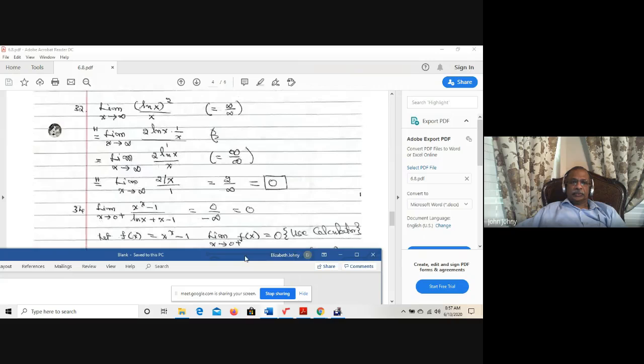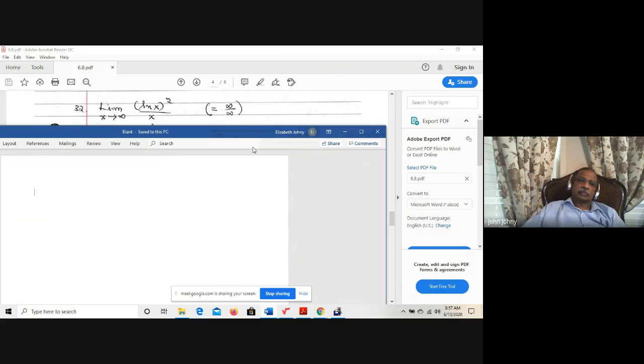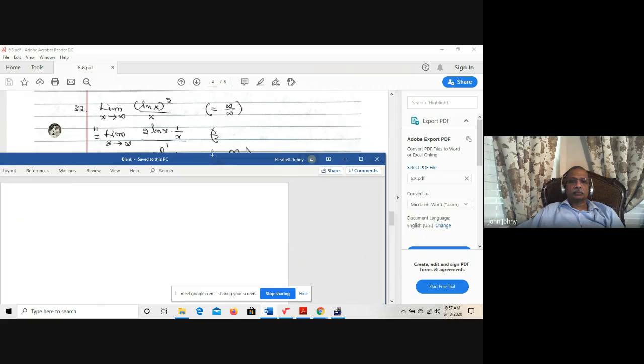Number 32. Limit x approaches infinity, natural log of x, the whole squared, divided by x. Natural log of infinity is infinity. So it is infinity squared over infinity, which is infinity over infinity. Apply L'Hopital's rule. Numerator derivative is 2 natural log of x times 1 over x, divided by 1.